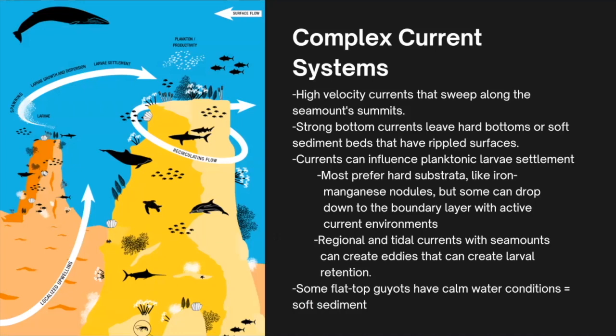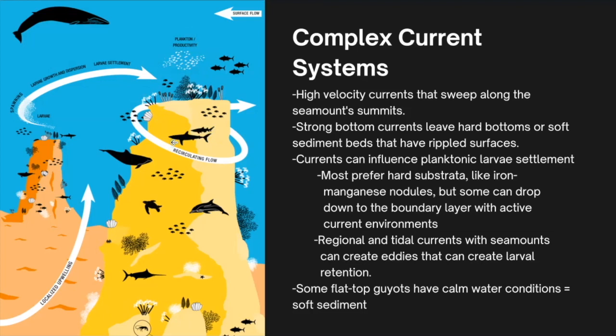Most planktonic larvae prefer hard substrata like the iron manganese nodules that can drop down to the boundary layer with active current environments. These regional and tidal currents with seamounts can create eddies, which are basically circular currents of the water that can create larvae retention, which just means that there'll be a lot of plankton up on top.